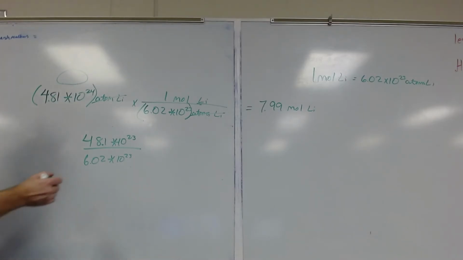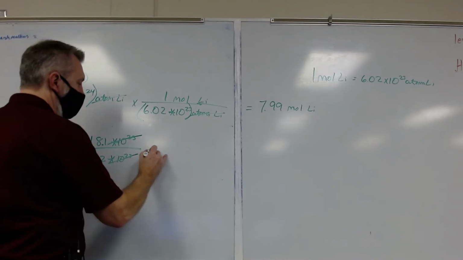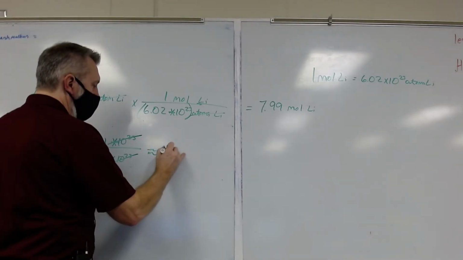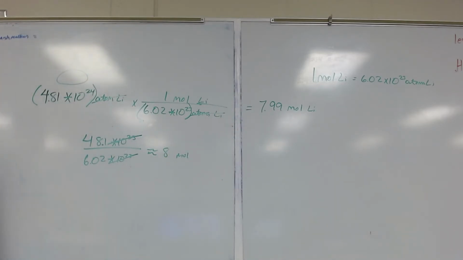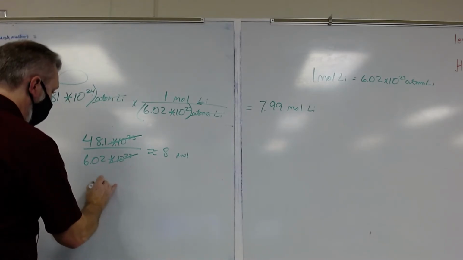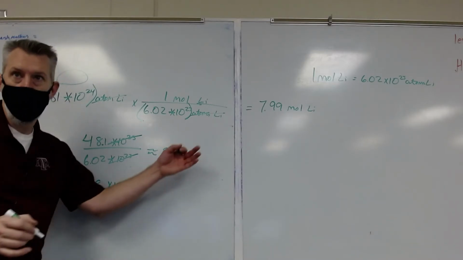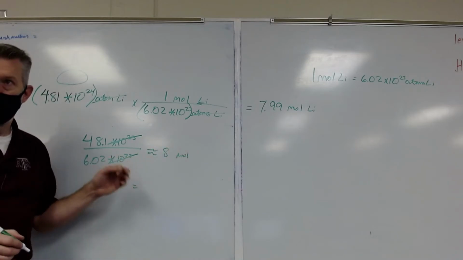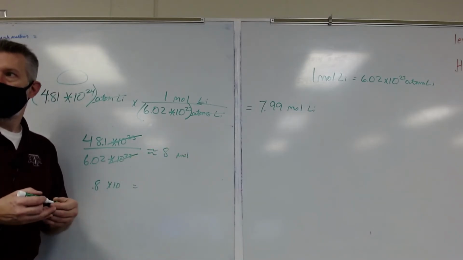Now my powers of 10 go away. 48 divided by 6 is pretty close to 8. Now you could have also done that with simple subtraction, right? You could have ended up with 0.8 times 10, which would have gotten you to the same point. Or 4.8 divided by 6 is 0.8, right? All right, cool.